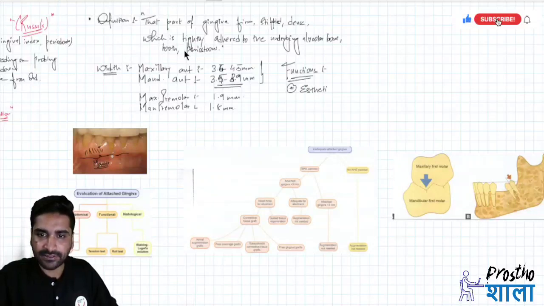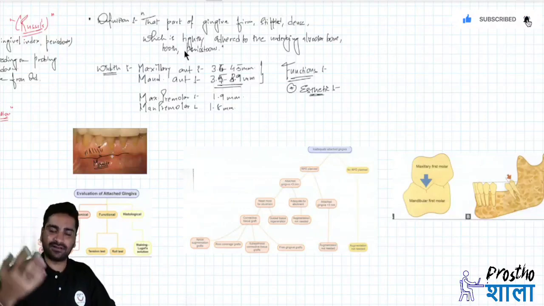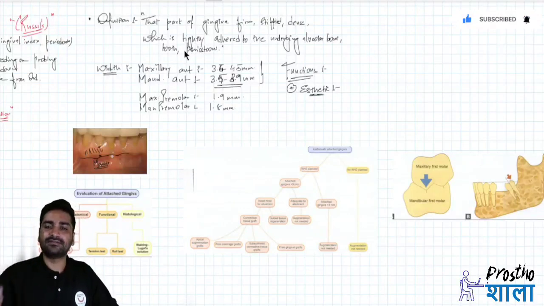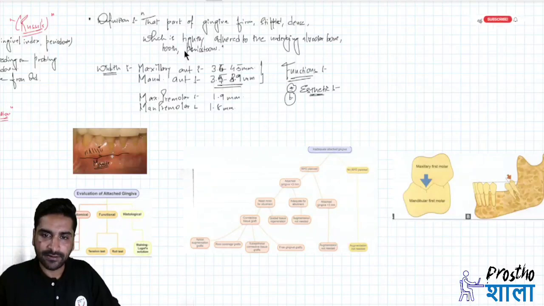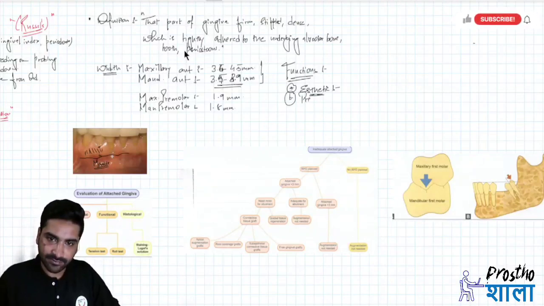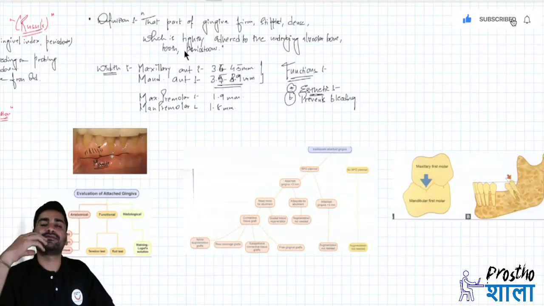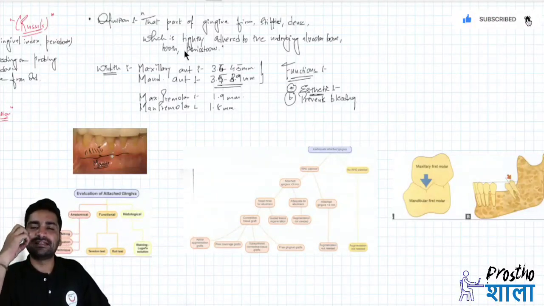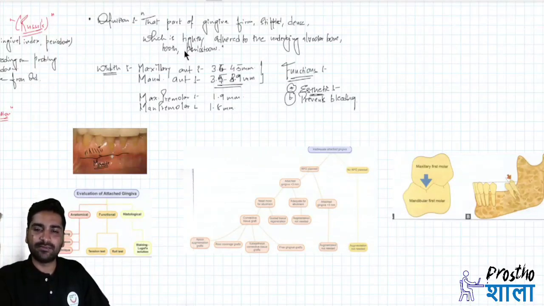Starting with the functions of attached gingiva, first is the aesthetic function, right? That smile, that pinkish stippled appearance gives more confidence to the patient or gives a youthful appearance. Second is it prevents bleeding. How does it prevent bleeding? If there is a good amount of attached gingiva, there are fewer chances of infection and invasion by microorganisms, so the bleeding on probing will be less.